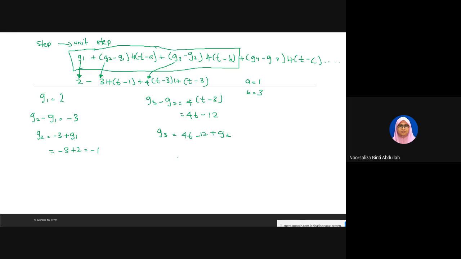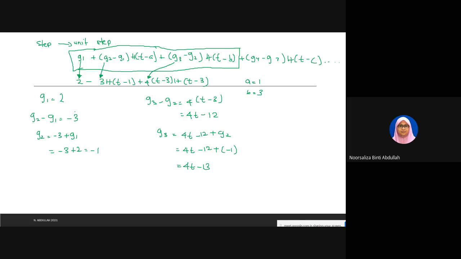What is g2? g2 is minus 1. So substitute here: 4t minus 12 plus minus 1, equals 4t minus 13.